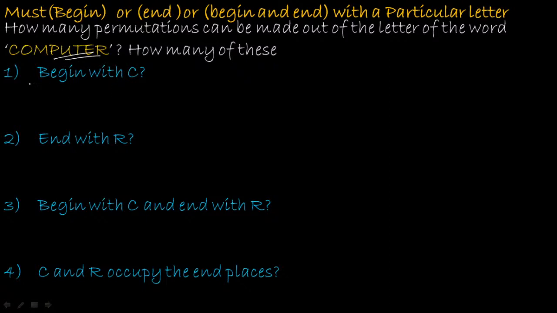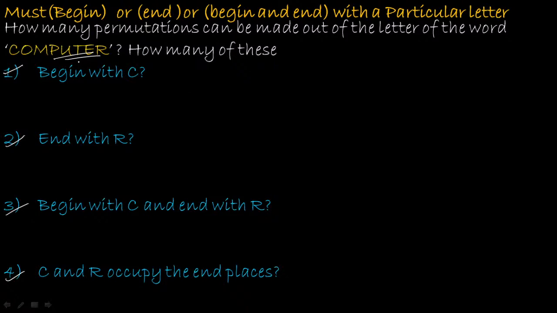How many of these begin with C, end with R, begin with C and end with R, or have C and R occupying the end places? These are the different categories we are going to calculate for the same problem. The first question is the permutations which begin with C. Let us calculate that.